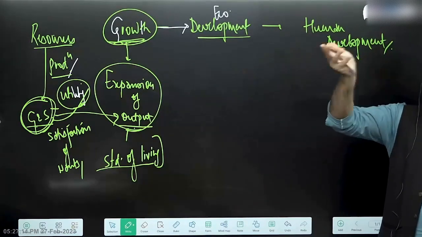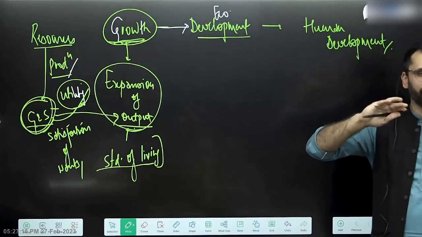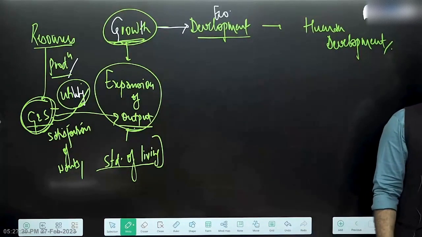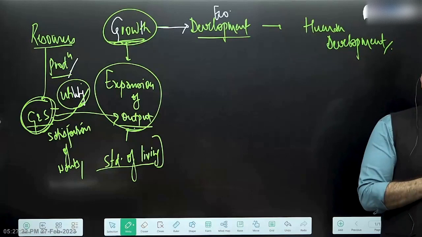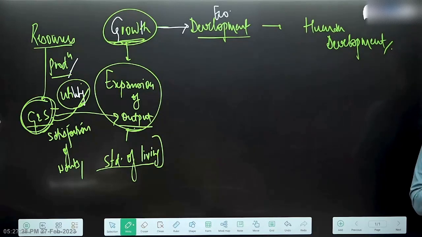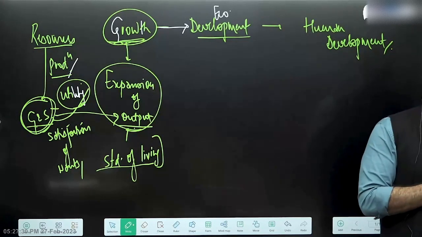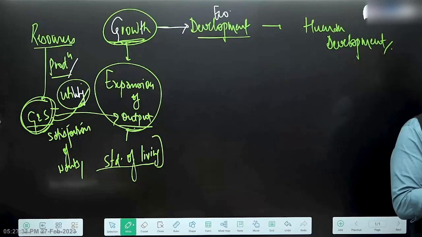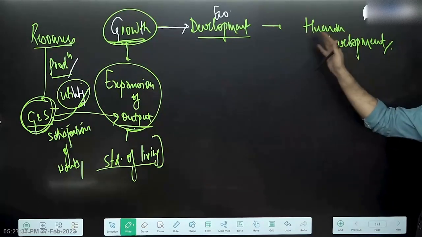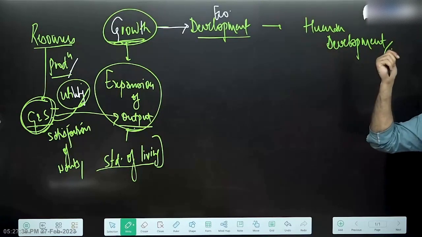It can happen that a country has negative growth but is developed. But what exactly do you mean by economic development? Multidimensional how? Wider connotation how? Skill building. No, economic development and human development, what you are saying is education.